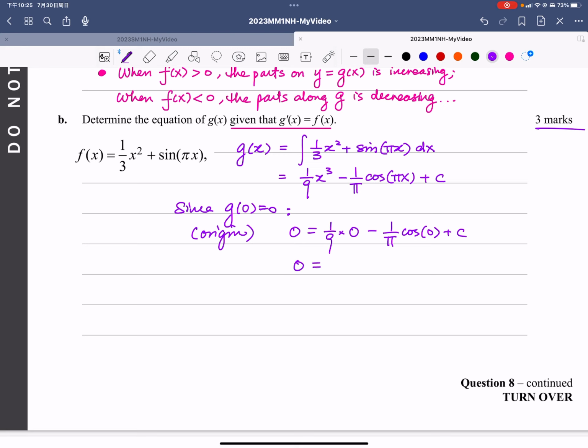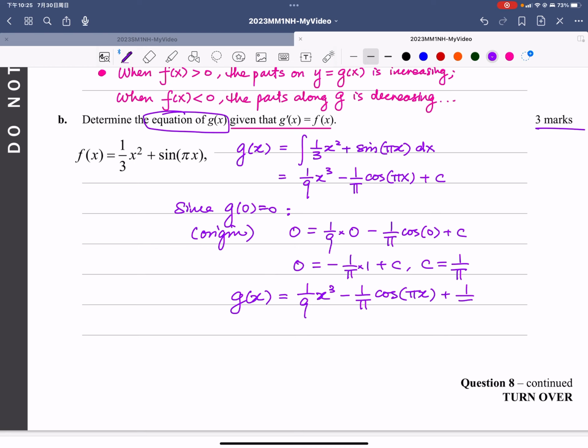So 0 equals minus 1 over pi times 1 plus c, so c equals 1 over pi. The question wants the equation of g of x, so g of x equals 1 over 9 x cubed minus 1 over pi cosine pi x plus 1 over pi.